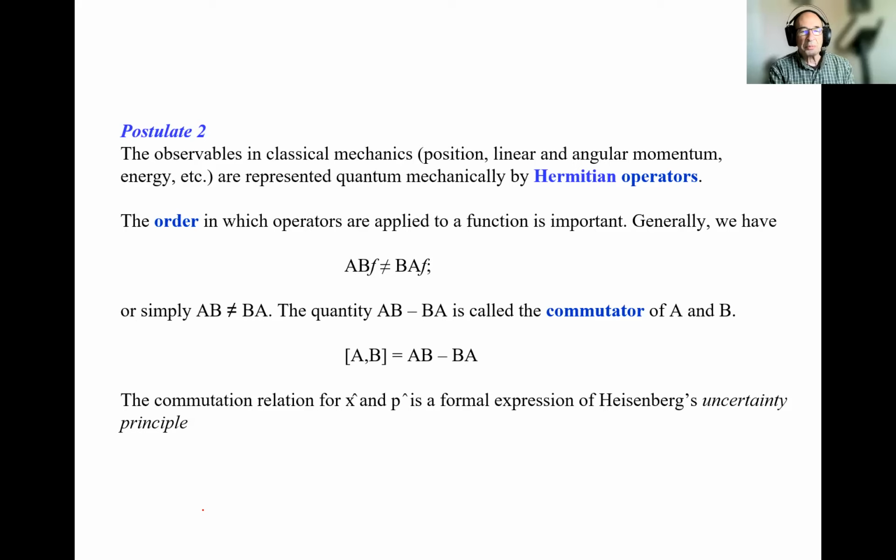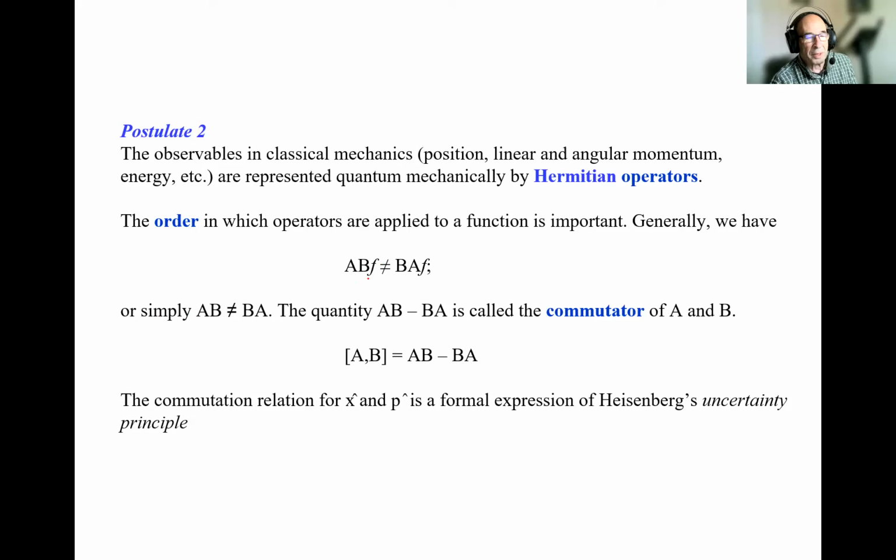So a quantum observable is an operator which is acting on the wave function. And the order in which operators are applied to a function is important, and it's not always the case that we have the same result if we apply these operators in different orders.